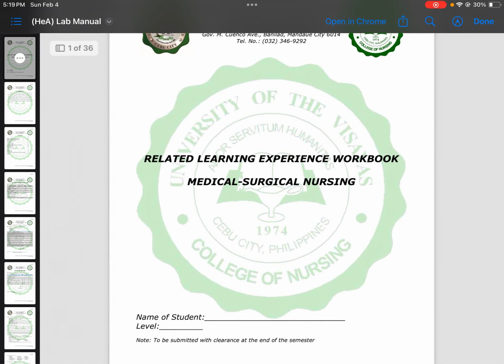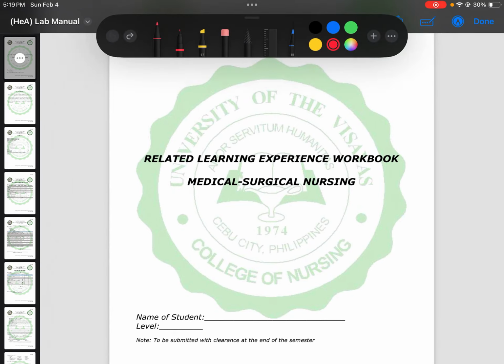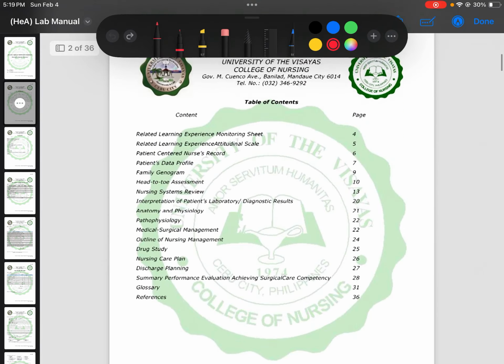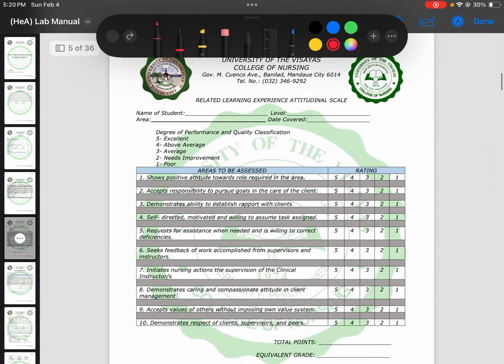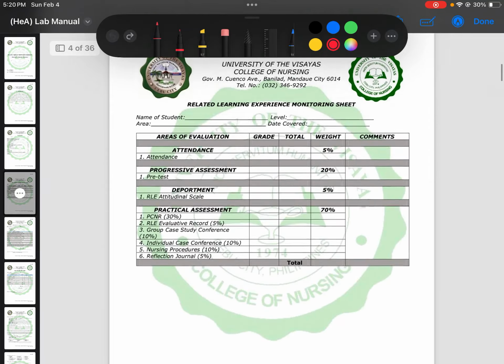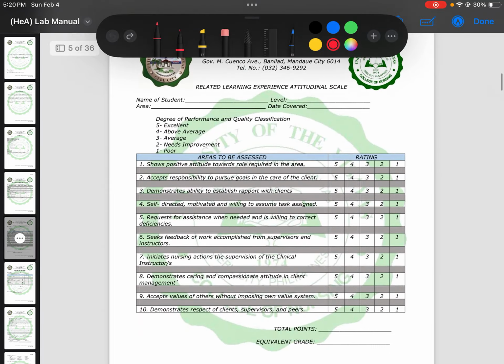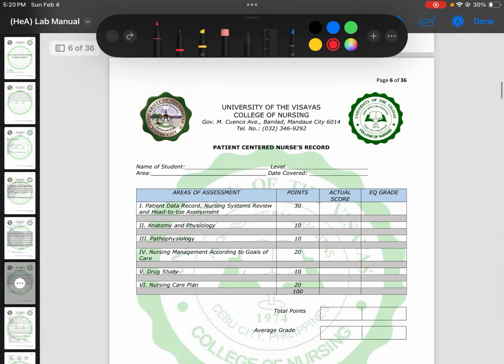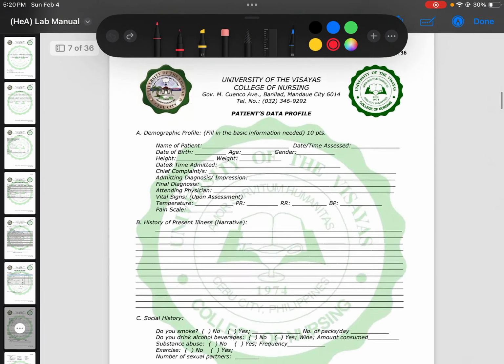Now, this is the medical surgical manual usually used during your 3rd year, no? But this is still usable and relevant in our discussion. Look, class, the first parts, this is for the clinical instructors. Usually they are the ones who check your scores. Okay? Those are your scores.